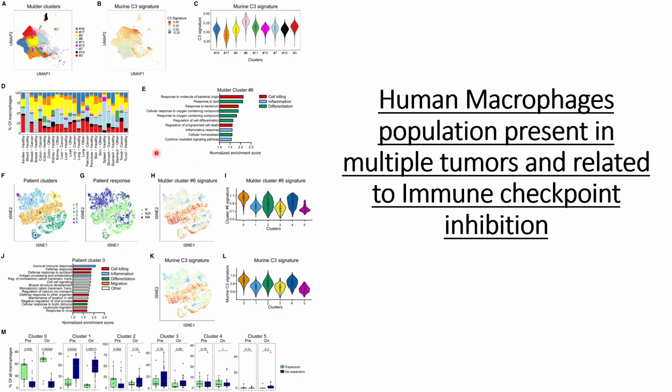So they have presented sufficient evidence that Mulder cluster 6 has signatures similar to the murine C3 populations.